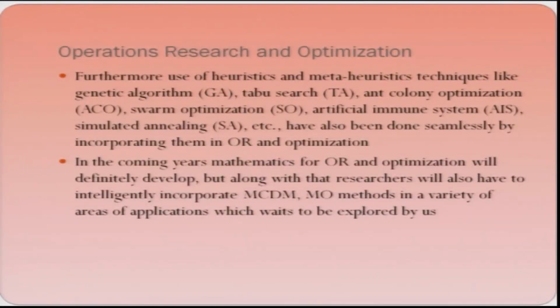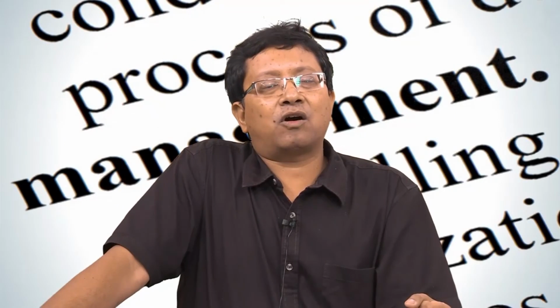In the coming years, it is thought, with a positive viewpoint, that the area of multi-criteria decision making and multi-objective programming will grow. There you use different tools and the advancements of optimization in such a way that you can optimize two different objective functions in front of you.